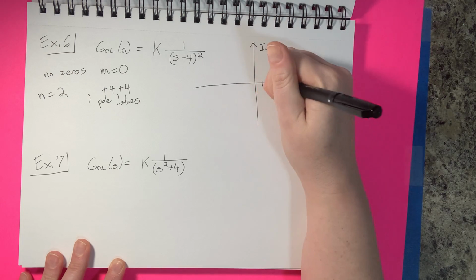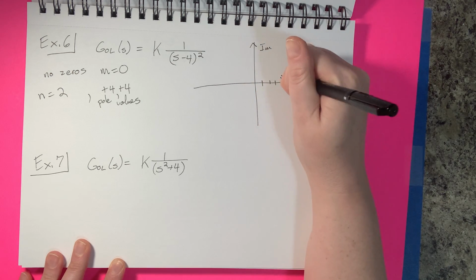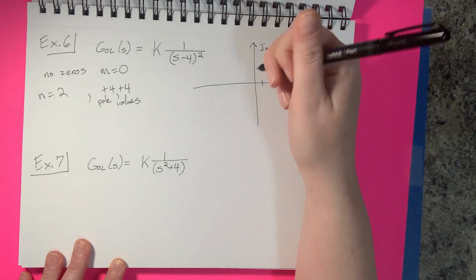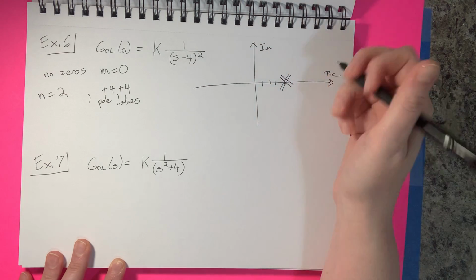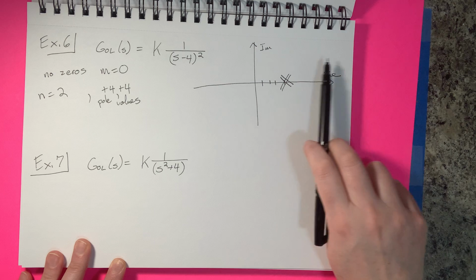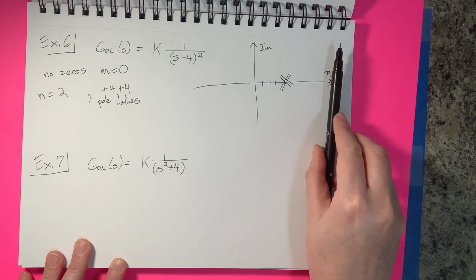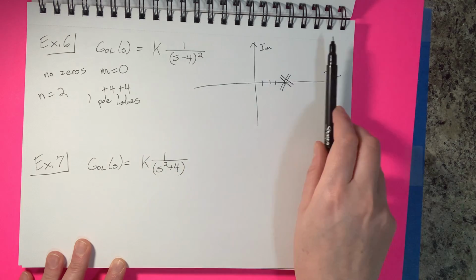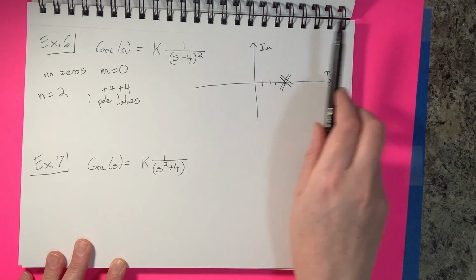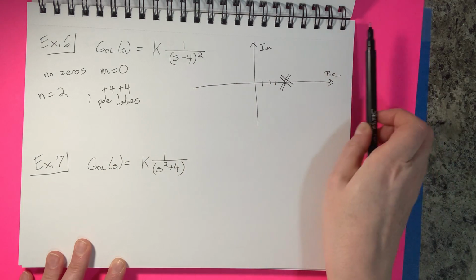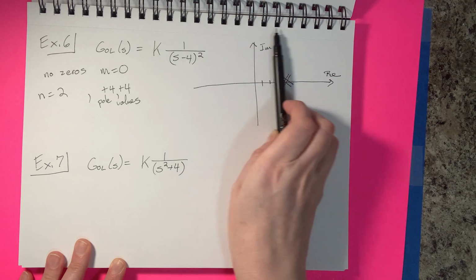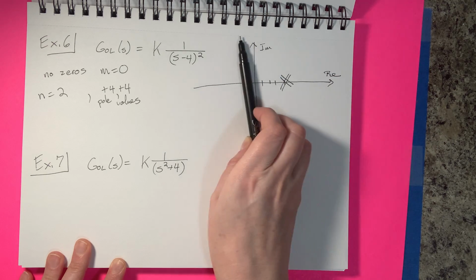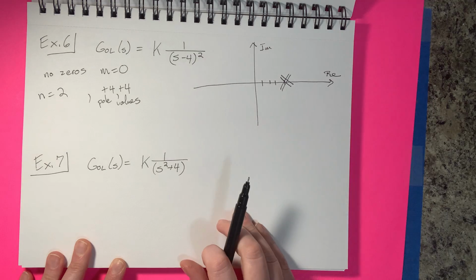And in that case, 1, 2, 3, 4, we have again our double pole. We have no zeros, and so we use our real axis rule. We'll move our pen across here. It doesn't do anything for us because it's even the entire time. Okay, we're at 0 out here, and then we're at 2 once we pass these 2 poles. So it's still even, so there's nothing to fill in.